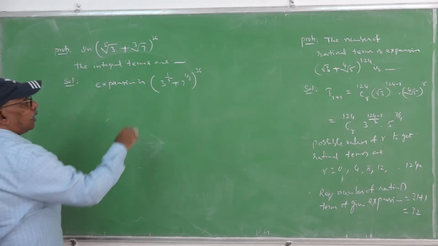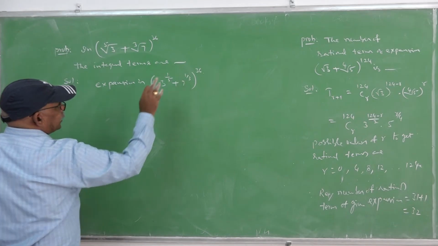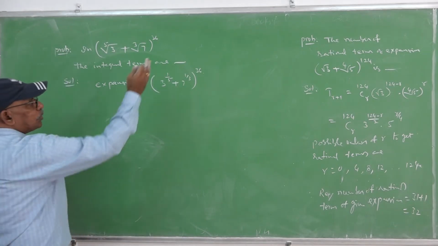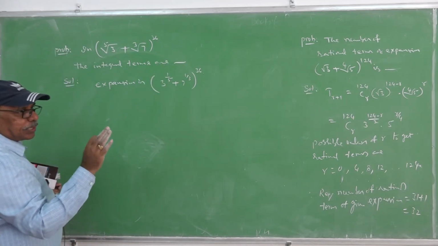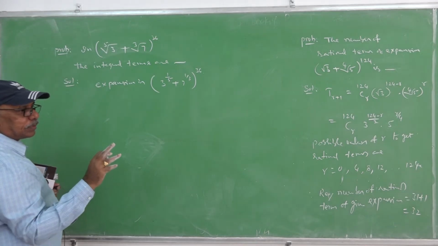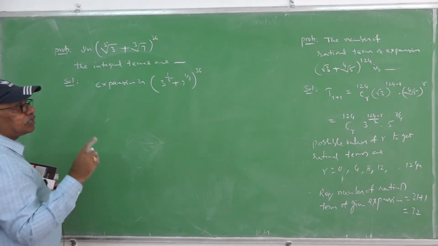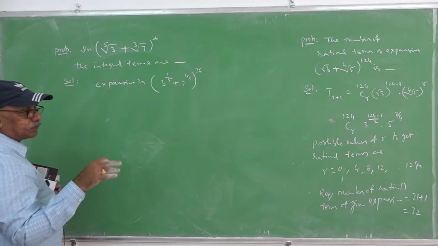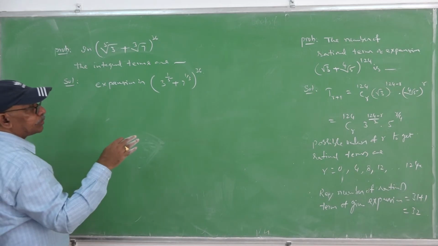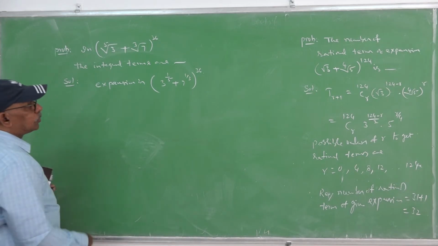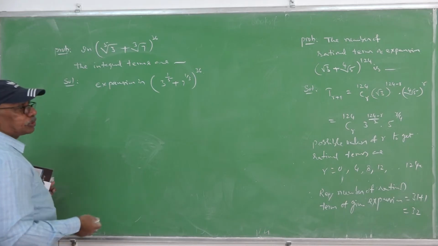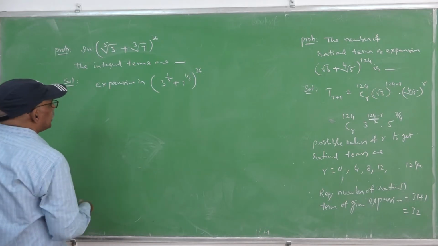Once you divide the index by 15, the integer part of 36/15 is 2, plus 1 gives 3. So we have 3 rational terms. What are those rational terms?